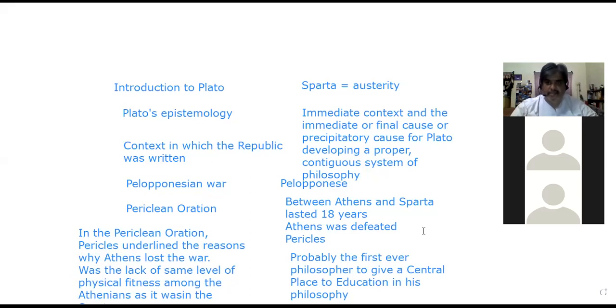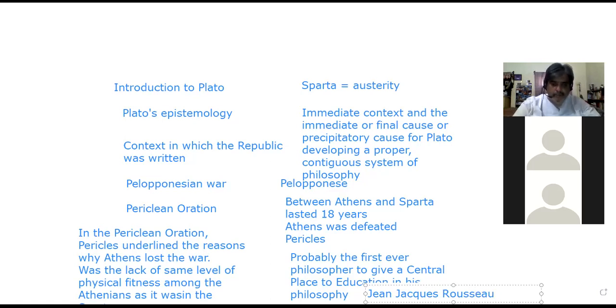Another thinker like that, one who talked about the centrality of education, the necessity of education in building a republic, is again to be found in the modern period, much, much later, and that is Jacques Rousseau.